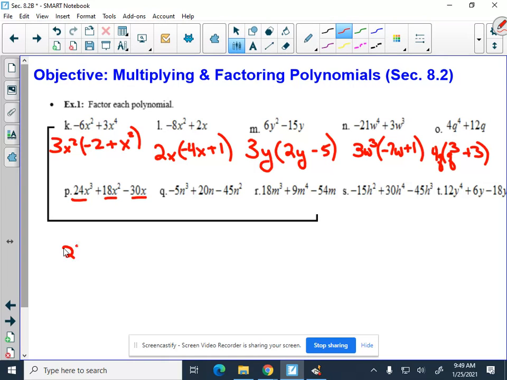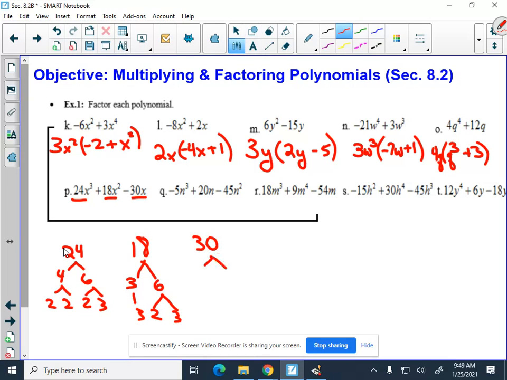The mathematical way is you break down these numbers as much as you can. 24 is 2 times 2 times 2 times 3. 18 is 3 times 6, which is 3 times 2 times 3. 30 is 5 times 6, so 30 is 5 times 2 times 3.